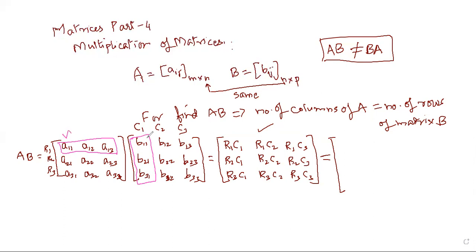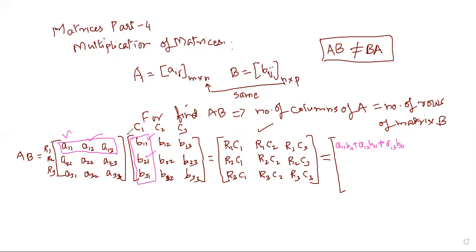Corresponding elements: A11 will multiply with B11, A11 into B11, plus A12 will multiply with B21, A12 into B21, plus A13 into B31. This whole multiplication and sum will give you the first element, only the first element.